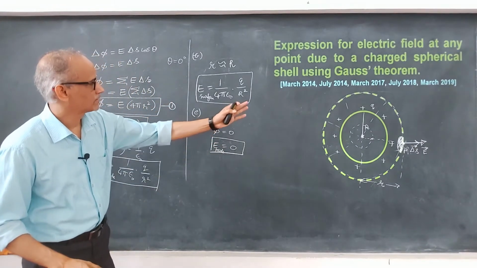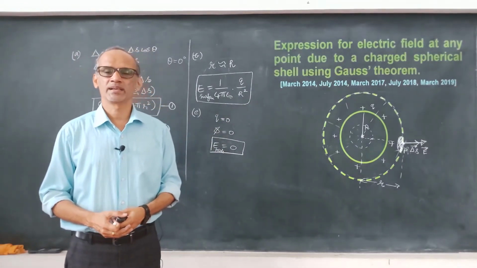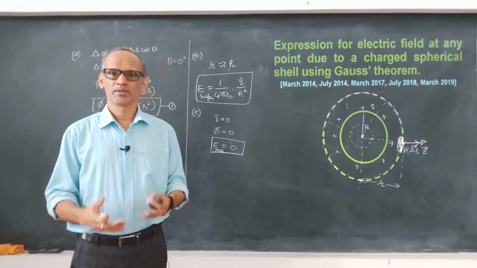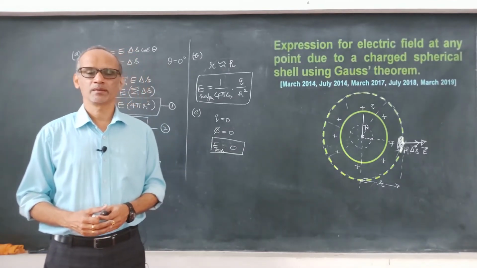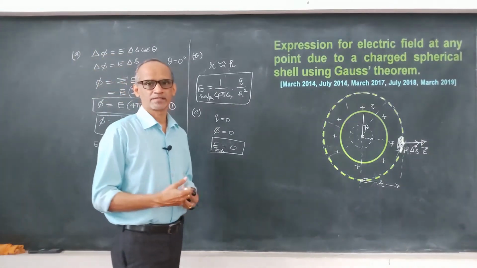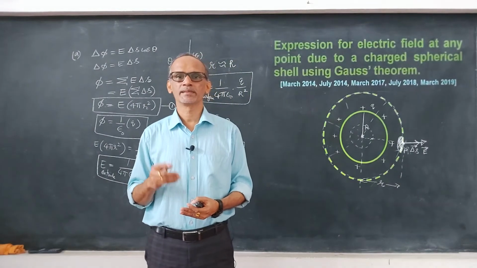So, this question again is important. It has appeared almost 5 times in the board exam. So, that is why this is an important derivation for 5 marks, where they will ask you to derive an expression for electric field at any point due to a charged spherical shell.